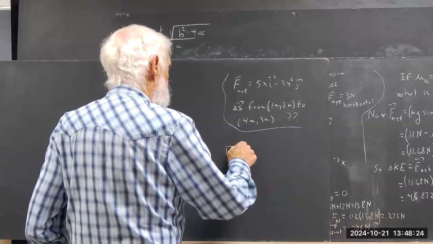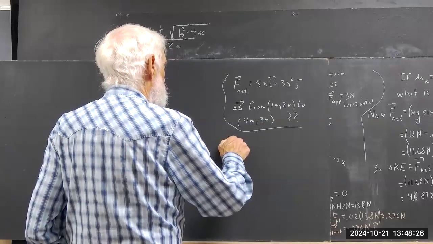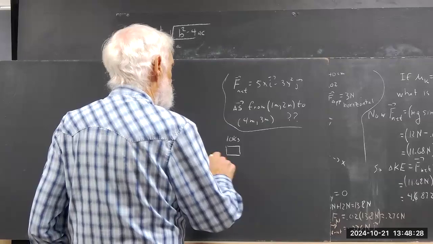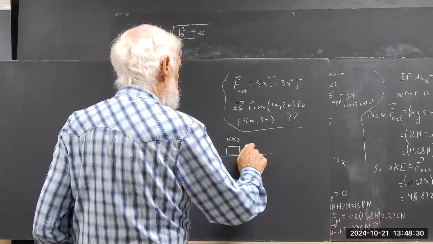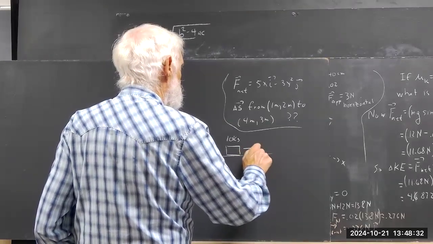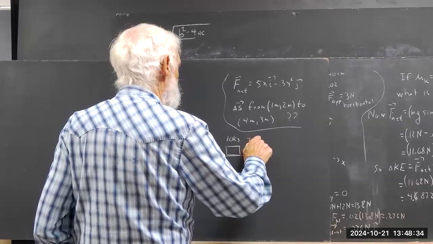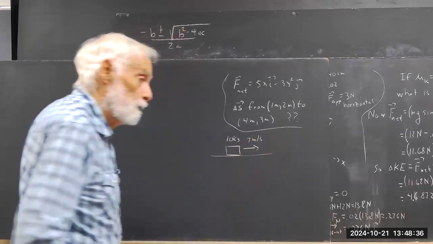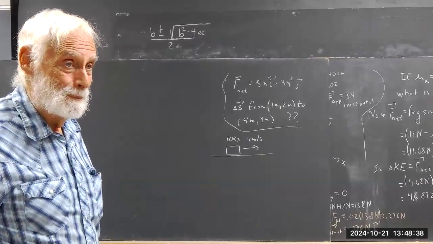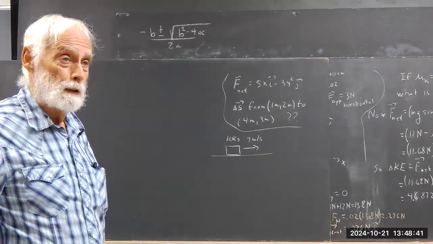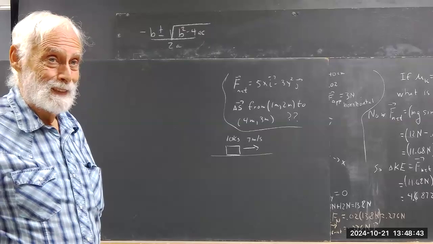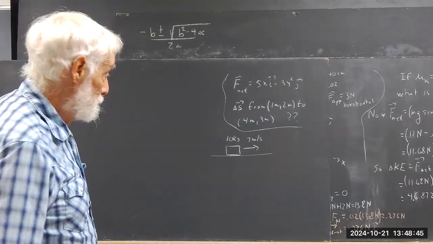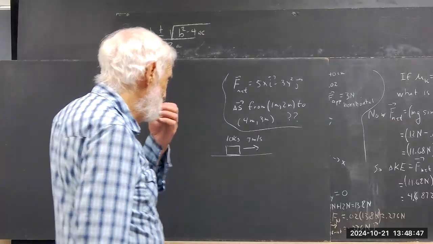Okay, I've got a crate sliding along the level floor, moving at 7 meters per second, which is pretty fast. Okay. That's faster than probably anybody in here can run. Okay, way faster than I can run.